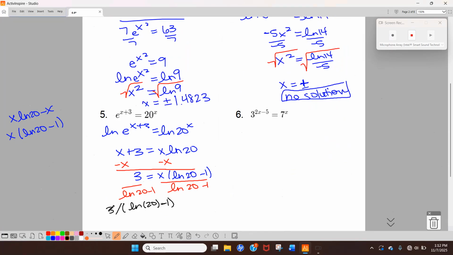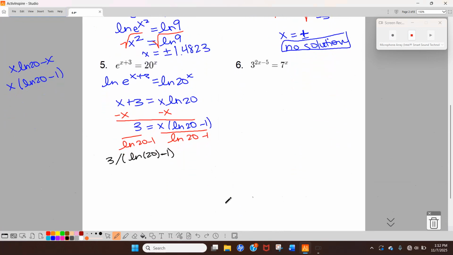So this is what goes in the calculator for this, since we don't have magic fraction buttons and things like that on the calculator we get to use in this class. And I'll type that in mine and let's see what we get. I get 1.5032.